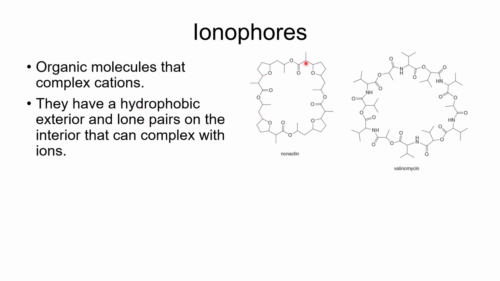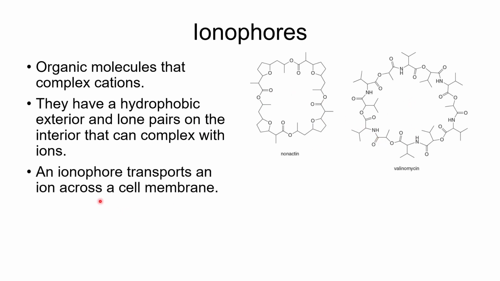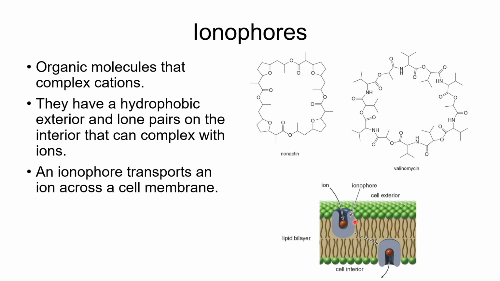So they have a hydrophobic exterior, which is able to get through the lipid bilayer, and a polar interior, which allows for ion dipole interactions. And then the ionophore can transport an ion across the cell membrane. So you have that ionophore, the ion can get in there and actually get transported across. I'm not sure what sort of sorcery is going on here, but hey, there you go.